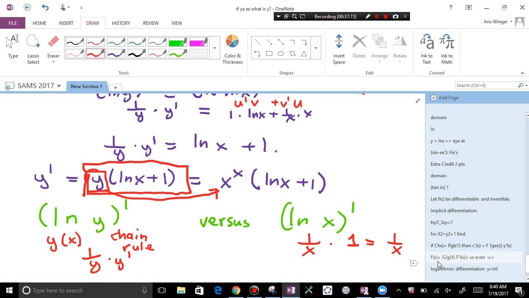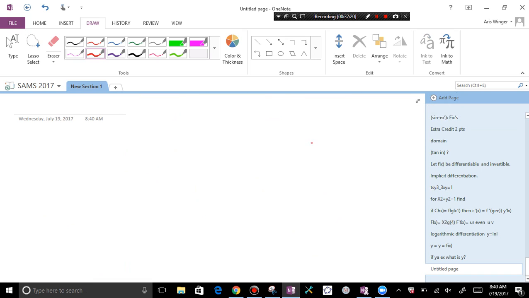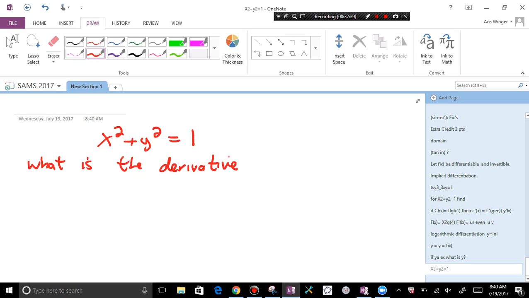Good. Okay. So going back to this, we had left off yesterday talking about something that was slightly implicit. X squared plus y squared equals 1, right? And we were asking, what is the derivative at the square root of 2 over 2, minus the square root of 2 over 2?